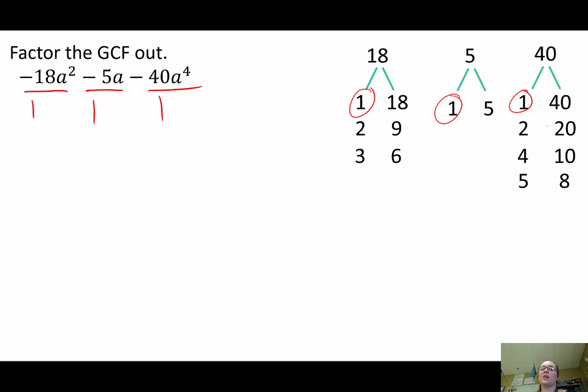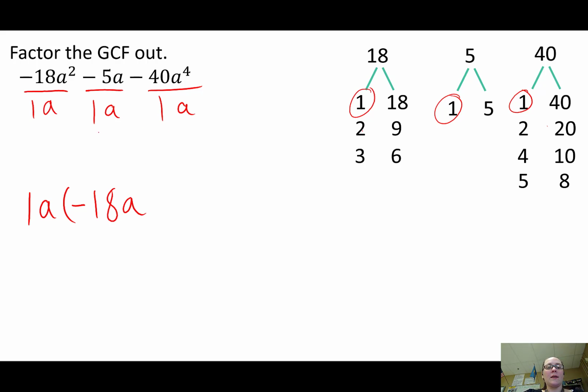Now, let's look at the variable. Do they all have a variable? Yes, they all have a. So we're going to factor out the variable with the smallest exponent, so in this case, a. So we're dividing by 1a. So that's my GCF. So negative 18 divided by 1a gives me negative 18. a squared divided by a gives me a.